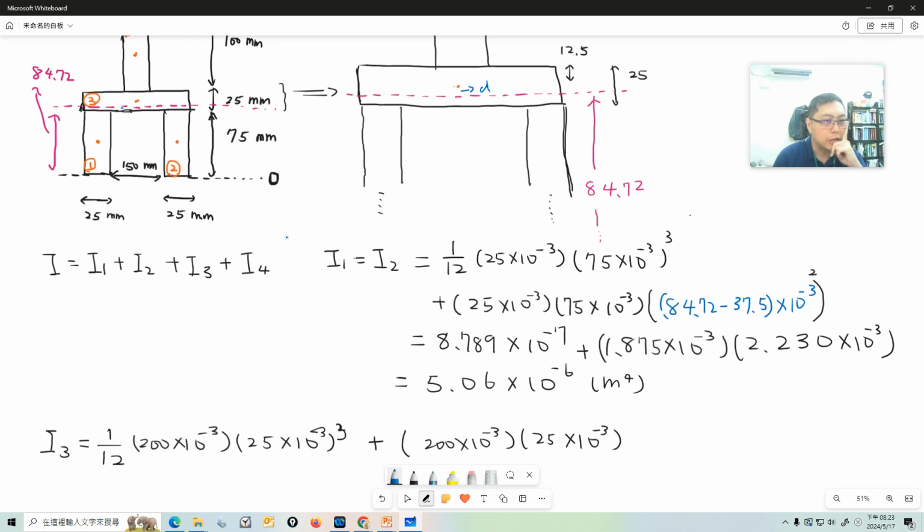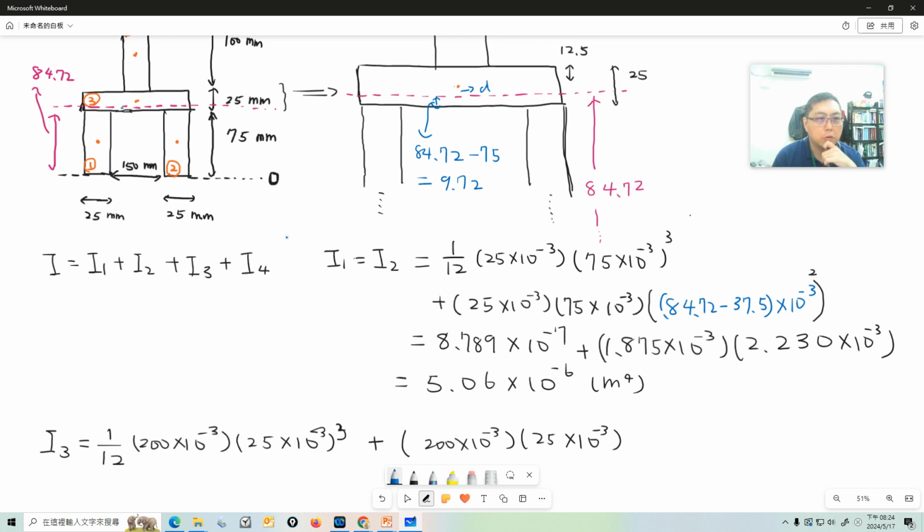So the distance here is 84.72 minus 75. What's the value? Maybe 9.72 millimeters. Look at this picture: here is 84.72, here is 75, so this distance is 9.72.